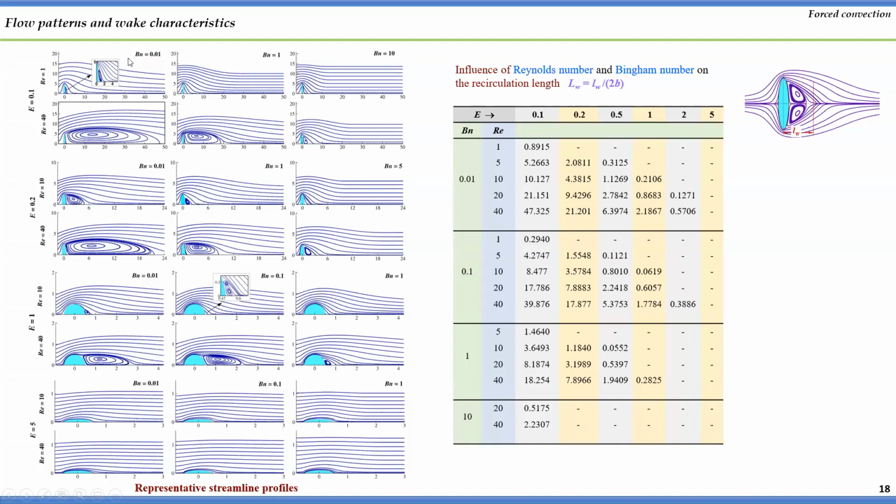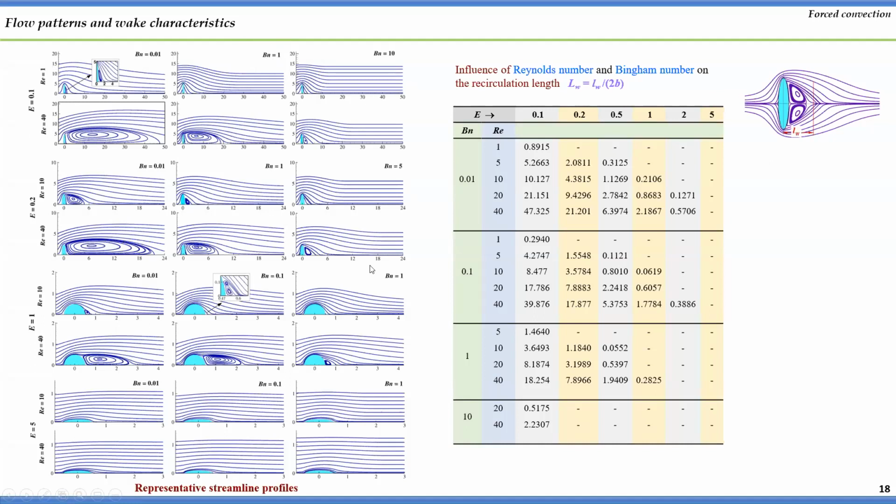Similarly, we are able to see that as the Bingham number increases, the size of this vortex basically decreases. The Bingham number is nothing but the increase of yield stress. So if your fluid has higher and higher yield stress, that means the inertial force is not sufficient to overcome the yield stress, and basically it will behave like a solid-like material.